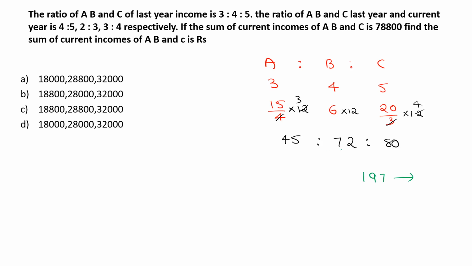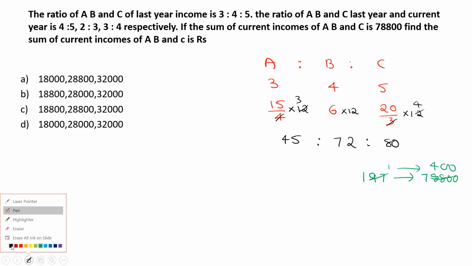The sum of 45, 72 and 80 is nothing but 197 units. When the value of 197 is 78,800, that means it is 400 times. The value of 1 unit would be 400.